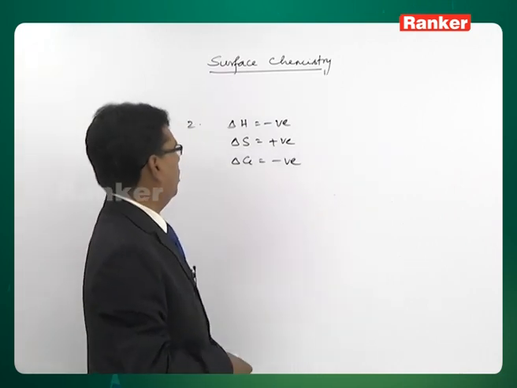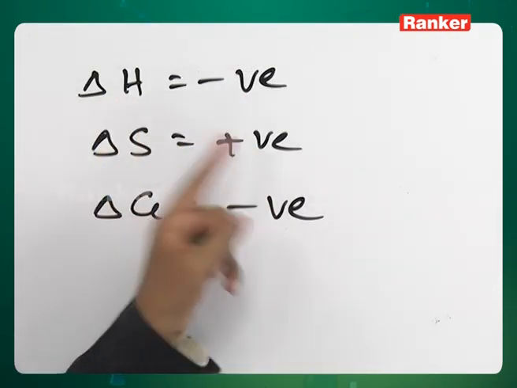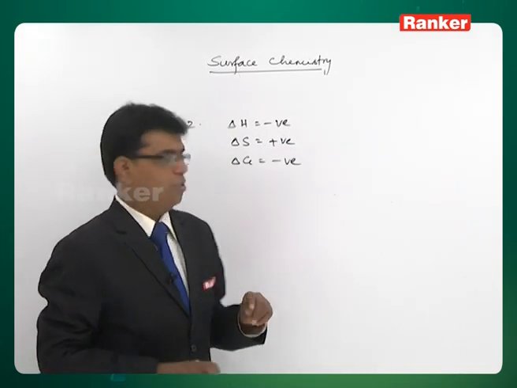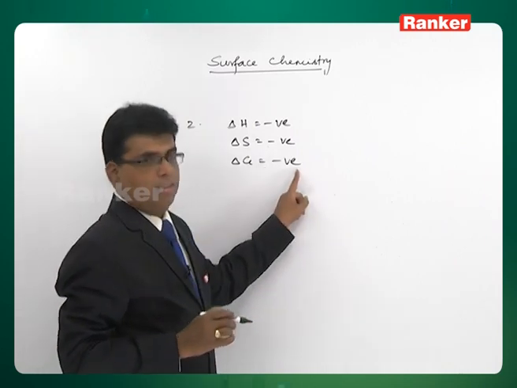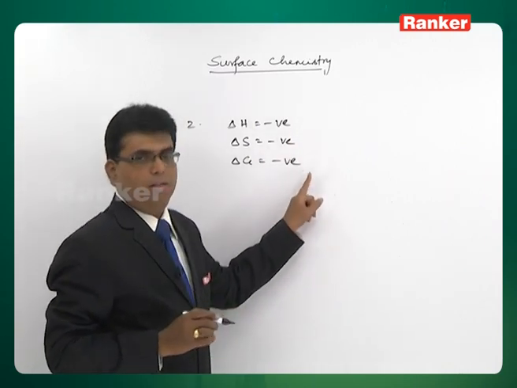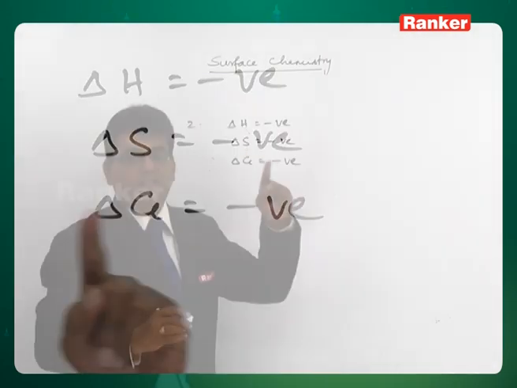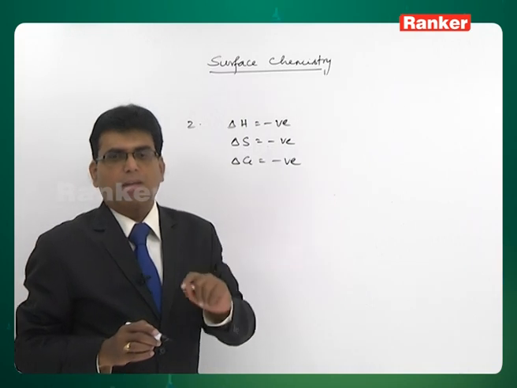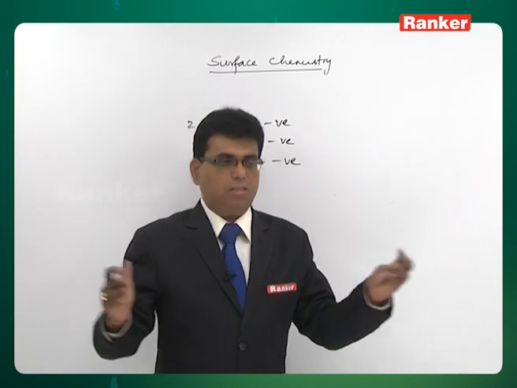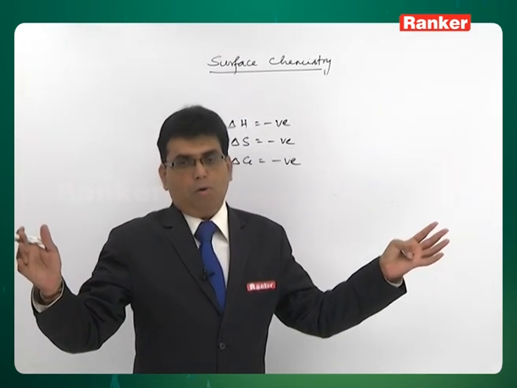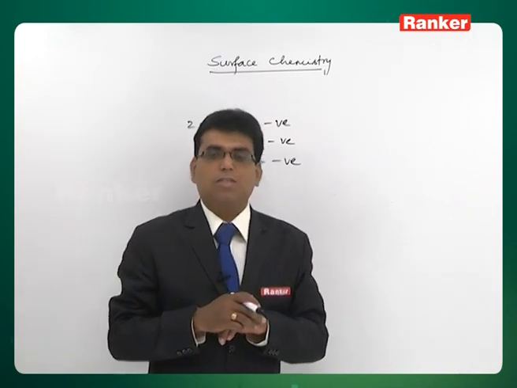All three of them are negative, because delta H is negative as surface energy decreases. Delta S is negative because the gas from more random state gets adsorbed into less random state.